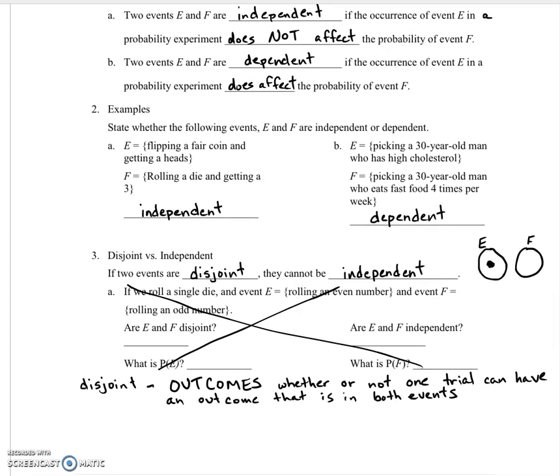So we're talking here about different outcomes, but from one trial. When we're talking about independent or dependent, we're talking about multiple trials, usually.